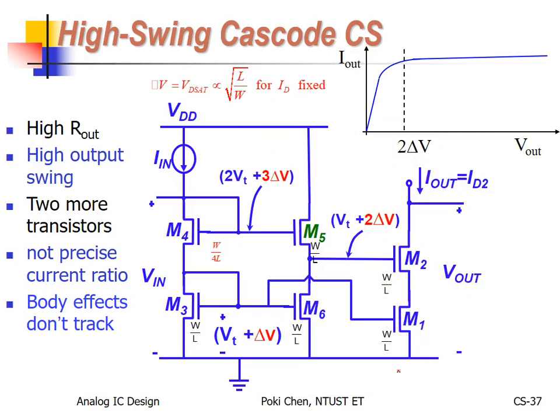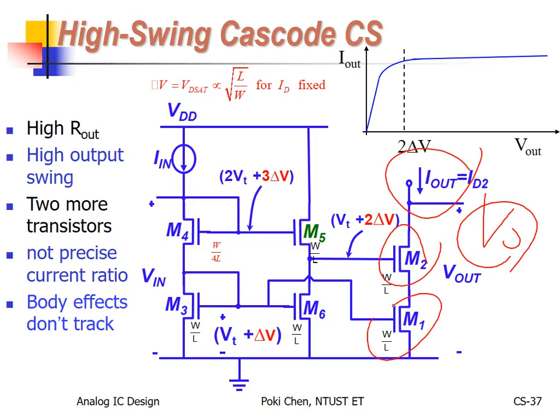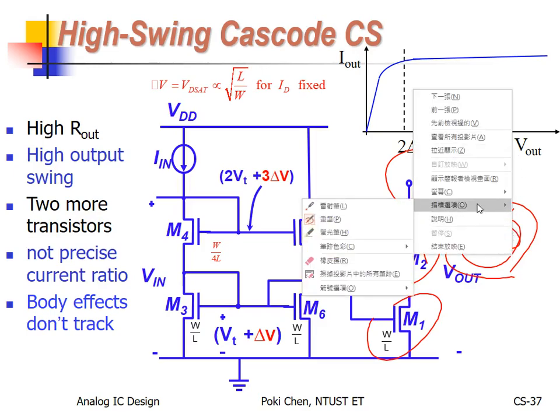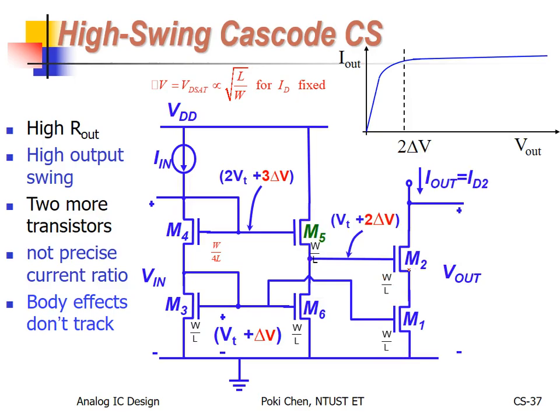Anyway, for output current, this is some kind of current source. We hope RO should be very large. To get large enough output resistance, all those need to operate in saturation region. If not, RO will be reduced substantially. That is the consequence. So according to my previous slides, for transistors, in theory, to operate in saturation region, the minimum voltage for the drain is only delta V, right?